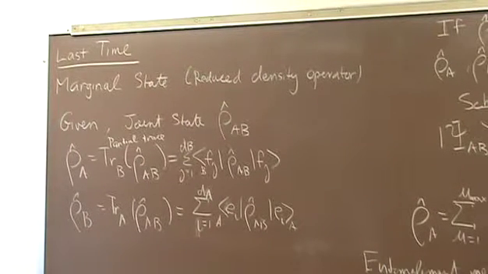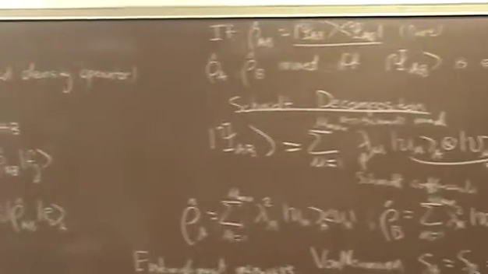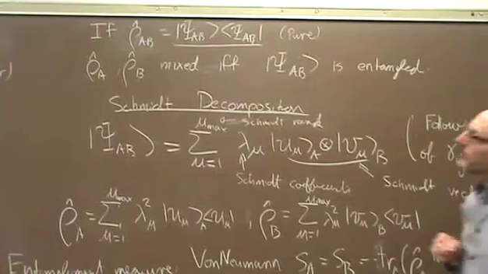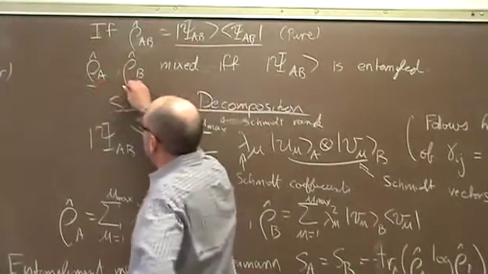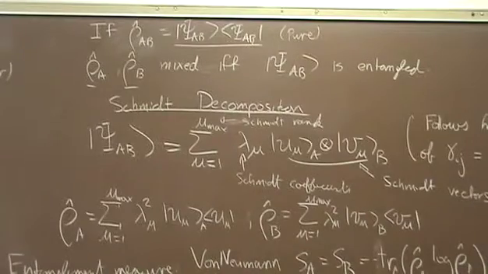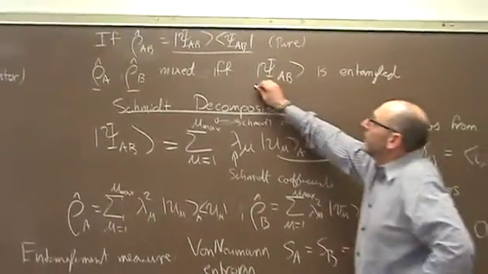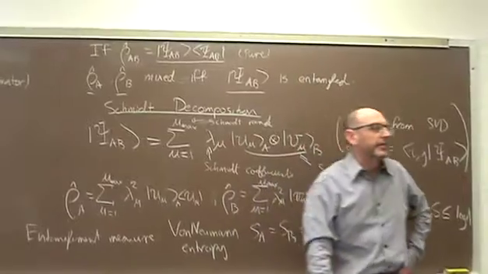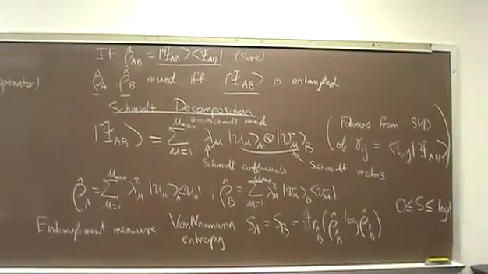Right. And what we learned last time, if we hadn't seen it before, was that if the joint state of the system is pure, then the states of the subsystems are generally mixed. And that's true if and only if the joint state of the system is entangled.